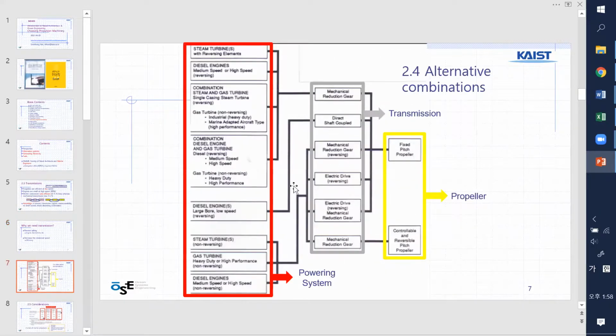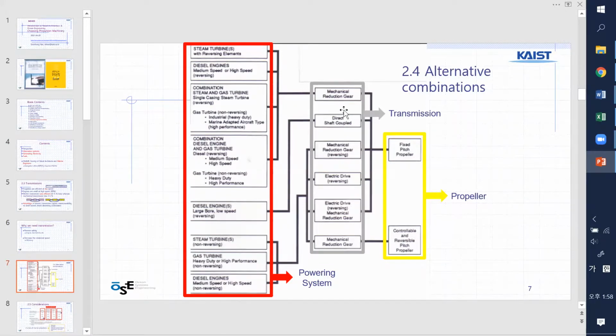So this is a combination of engines, gearboxes, and propeller. On the left-hand side, you remember the steam turbine, diesel engine, combination of steam and gas turbine, combination of diesel and gas turbine, and only diesel engines, and steam turbine, gas turbine, and several diesel engines.